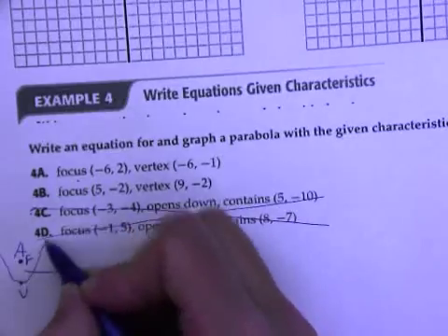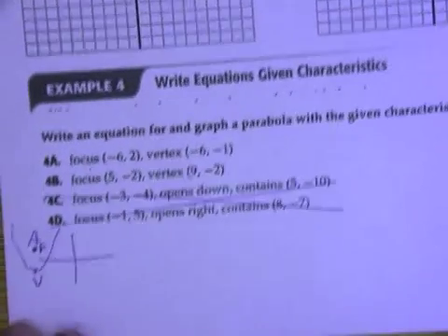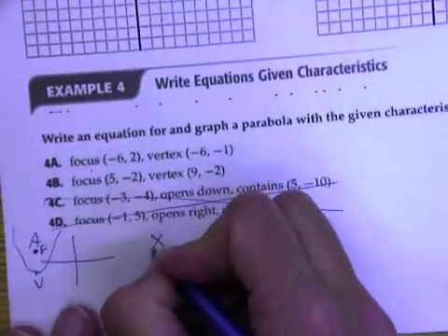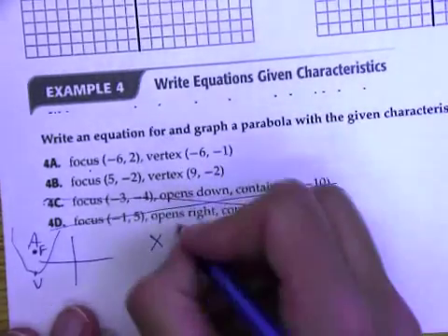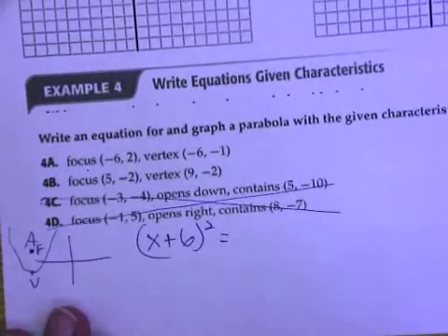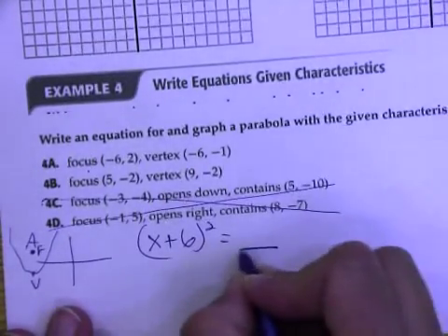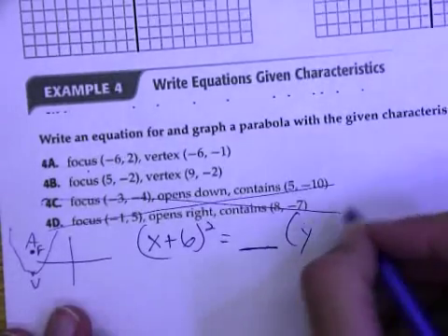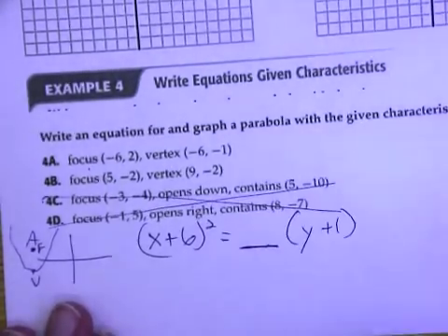Okay, so kind of off to the side, here's part A. If my focus is at negative 6 comma 2, so there's my focus, and my vertex is at negative 6 comma negative 1, well, remember, the focus is always inside of the parabola. So that means my graph kind of looks like this.